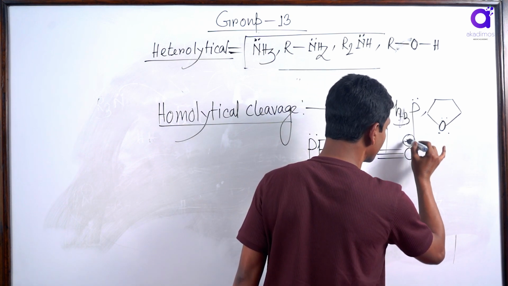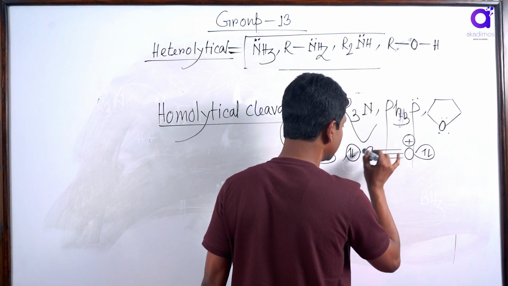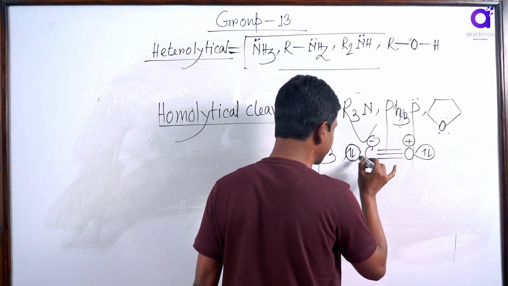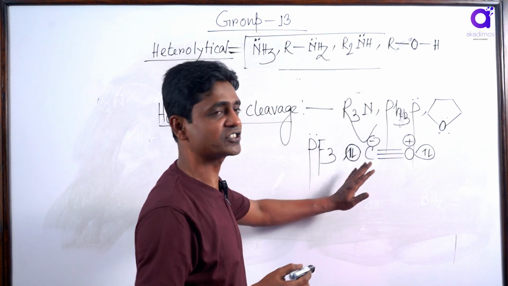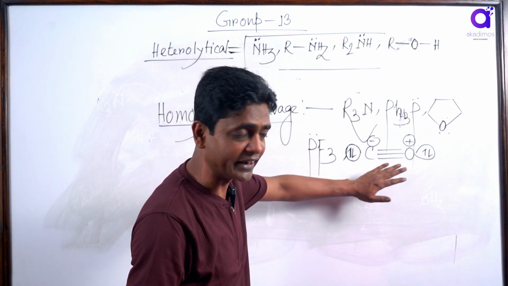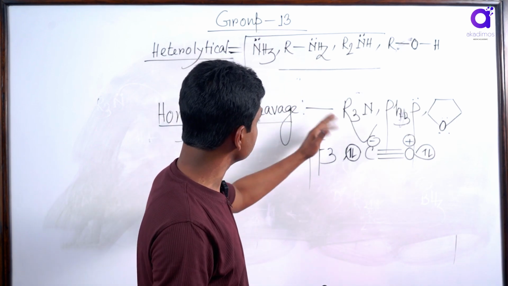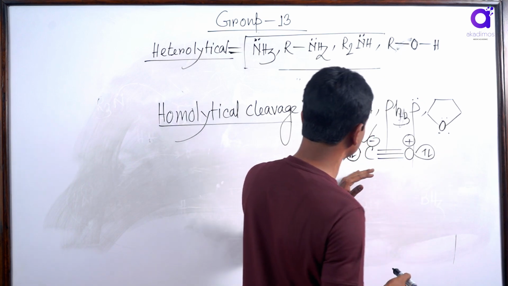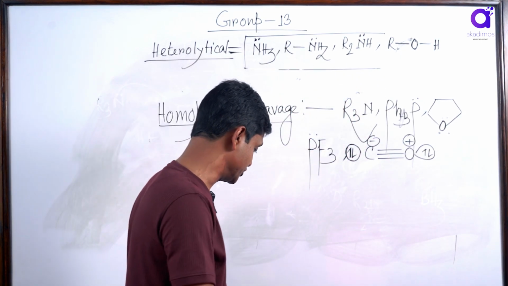Carbon has a lone pair of electrons, oxygen plus and carbon minus, and this lone pair is basic and there is no question of neutralization after first attack. That's why here also you will get homolytical cleavage. Maximum examples I have given which will do the homolytical cleavage, and which will do the heterolytical cleavage.